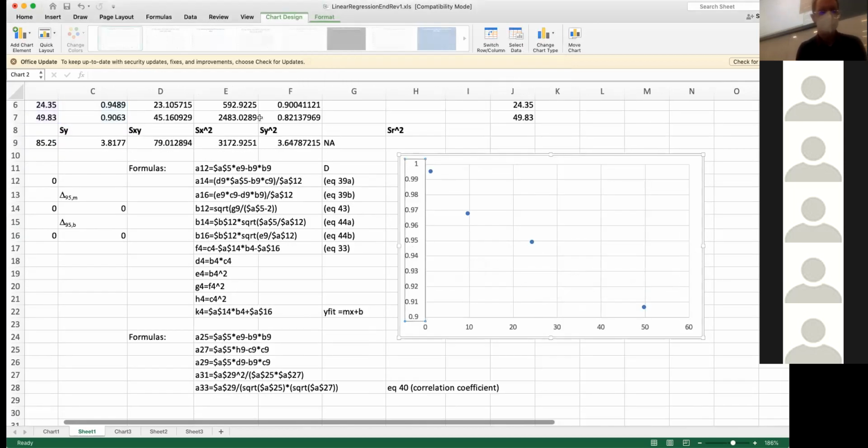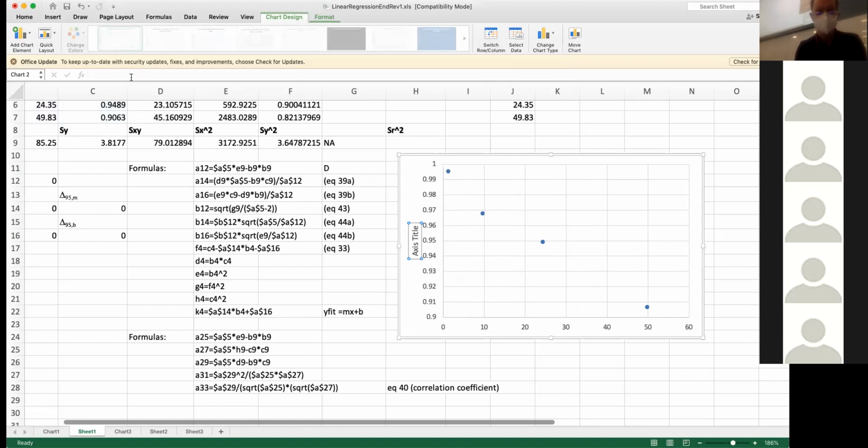And of course, I want to label my axes. So the vertical axis is compressibility. Have I spelled this right?